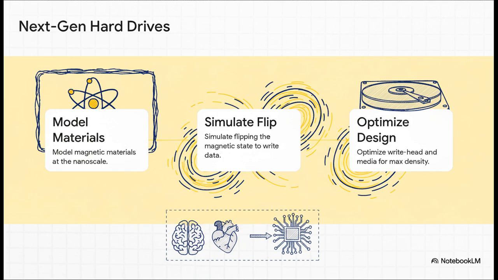And to make it work, first they have to simulate how materials behave at the atomic level. Then they simulate that crucial moment of flipping the magnetic state of a tiny particle, which is how you write a 1 or a 0. It's only by running millions of these virtual tests that they can design a physical hard drive that's both massive in capacity and incredibly reliable.